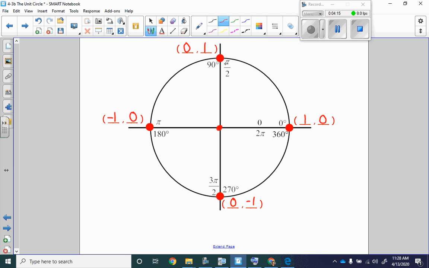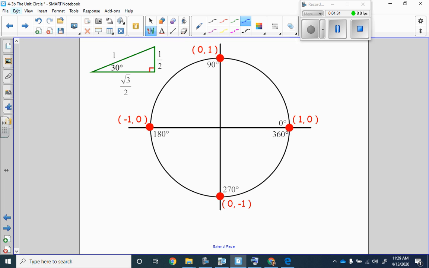Those 4 points are all because you have a radius of 1 and you're on the coordinate plane. So this right here is 1 unit, and this right here is 1 unit. That is what's being rotated around.